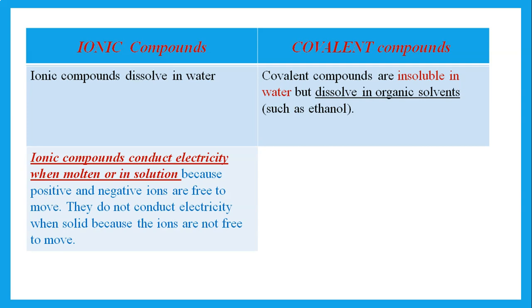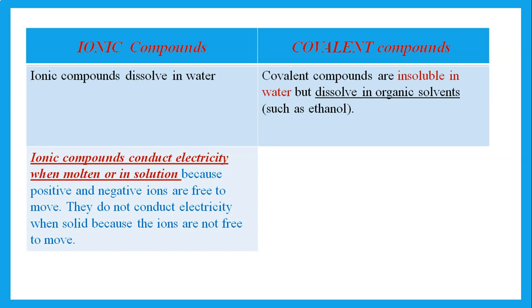Another thing is ionic compounds conduct electricity, but they conduct electricity only when molten or in solution. They will not conduct electricity as a solid. So sodium chloride as a solid will not conduct electricity.